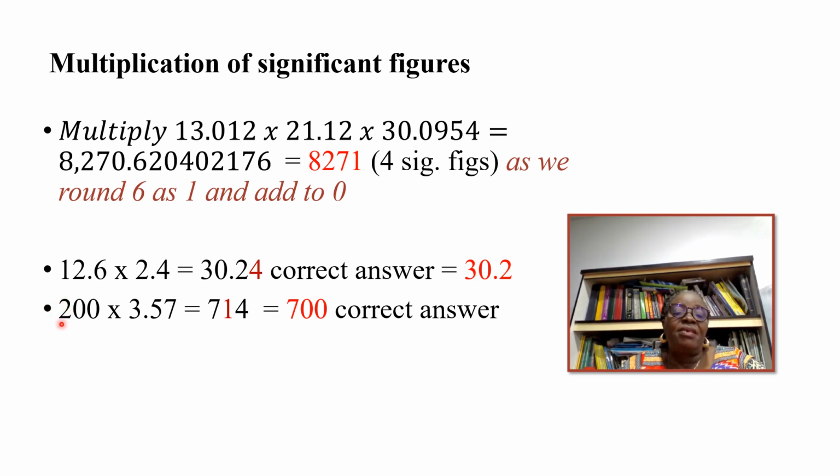Always note that. So when you multiply it, you will have 714, which is not correct. To you, it may be correct, but it's not correct because 714 has 3 significant figures. On your own, you need one significant figure. So you will reduce all this to 0, 0, and the correct answer will be 700. That is the tricky part in multiplication here.